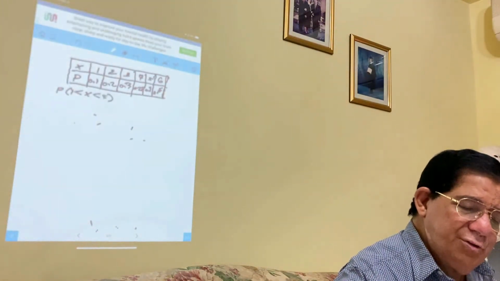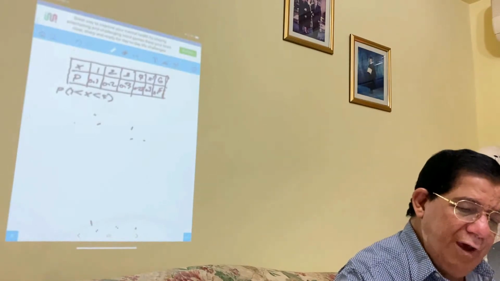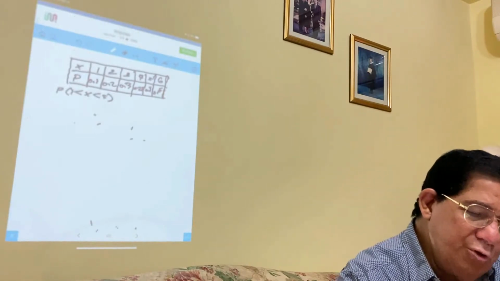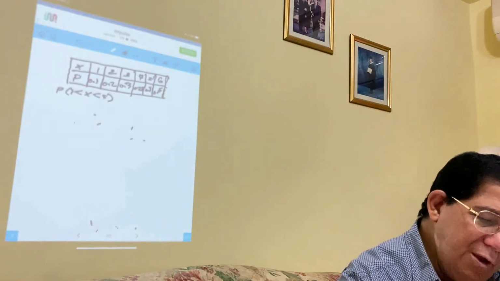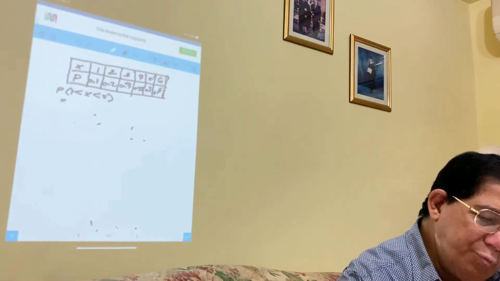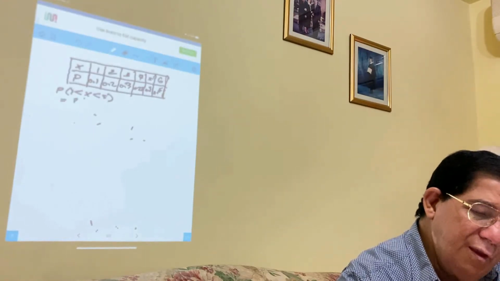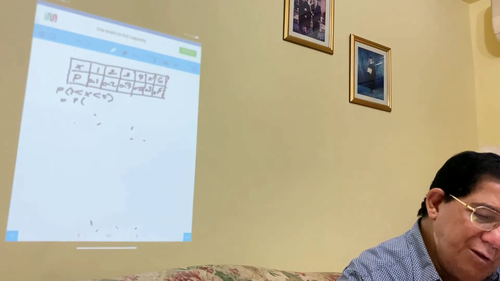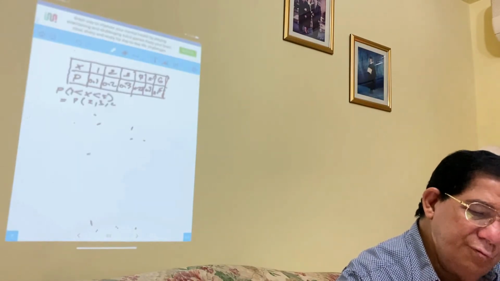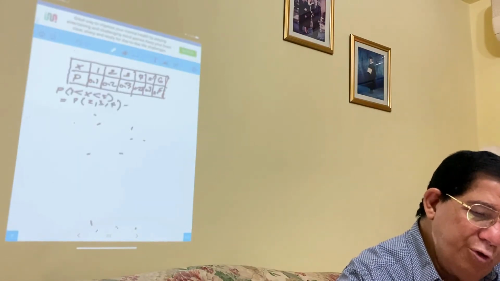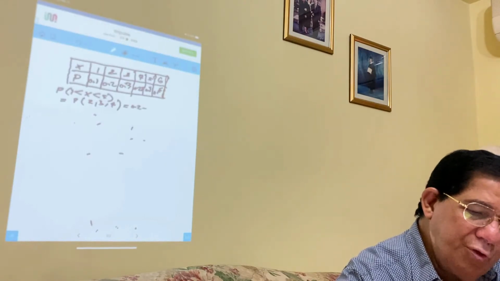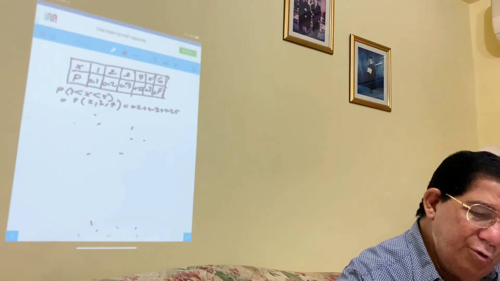That is, the probability of x having values more than 1 and less than 5, which means it is the probability of 2 and 3 and 4. So we add 0.2 plus 0.3 plus 0.25, and the answer is 0.75.